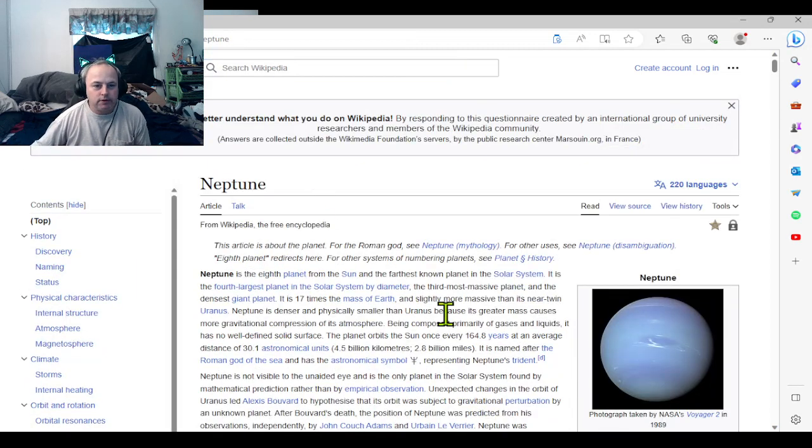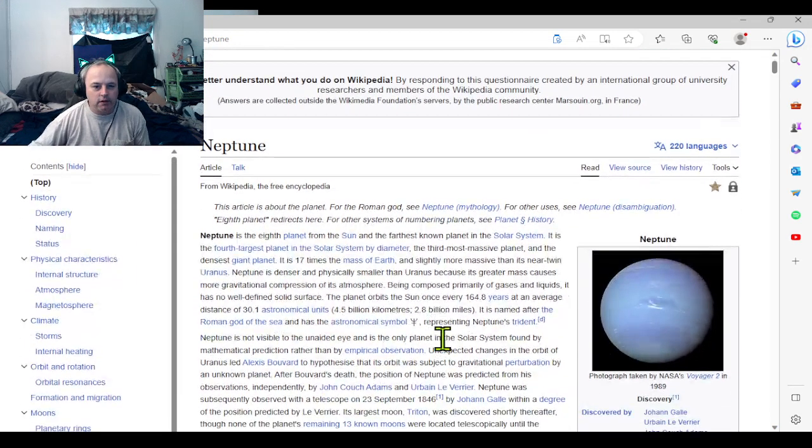So Neptune is way the heck out there. The planet orbits the sun every 164 Earth years, at a distance of 30 astronomical units.